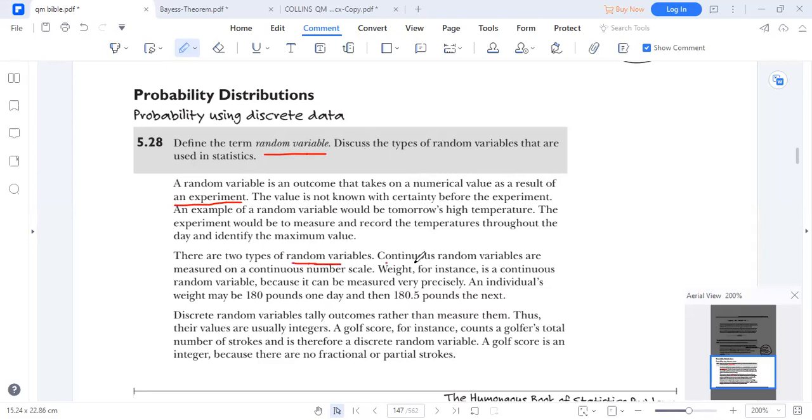There's continuous random variables, which are on a continuous scale, like weight, temperature. They have decimal points. And we have discrete random variables, which include quantitative data like the number of people that are in this class. You can't say they're 3.5, they're discrete countable values.